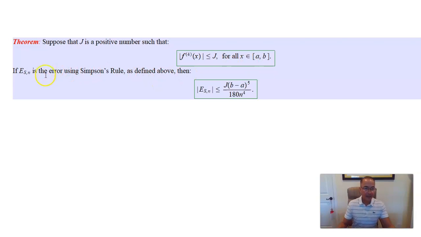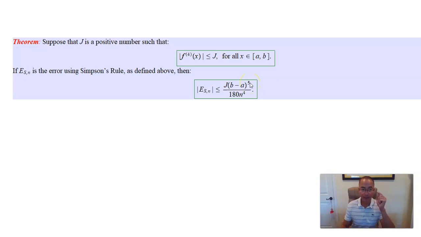And if E sub Sn is the maximum error using Simpson's rule, as we put in our notations above, then the absolute value of this error is at most the j that we get for the fourth derivative times the width of the interval, b minus a, this time raised to the fifth power. Last time it was to the third power.